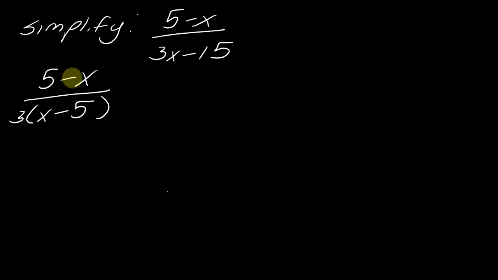And I know now that the whole point of the -1 trick is to help me rewrite this so that I can make this cancellation. So let's go through the precise steps of this one more time, just so that you get why this works. It's really important to understand why this works. I factor out -1 from the top, and so what's that going to change the top to? -5 plus x.